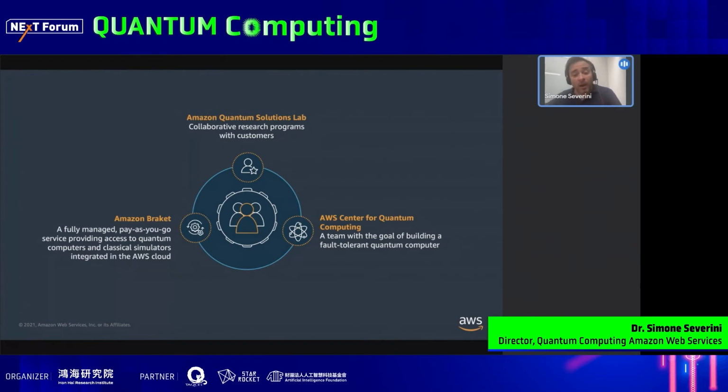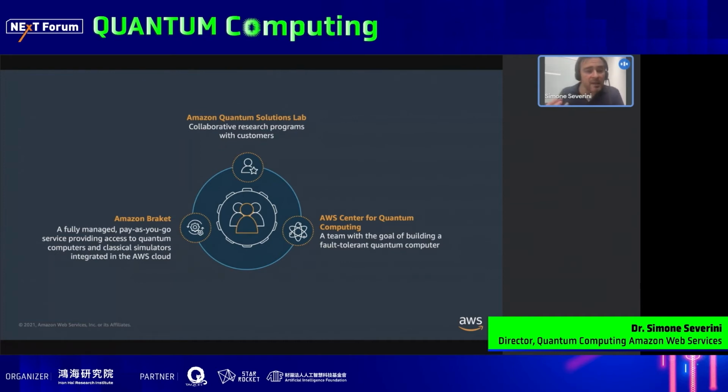And we run collaborative research programs using our expertise in quantum computing, but also machine learning and HPC, high performance computing.